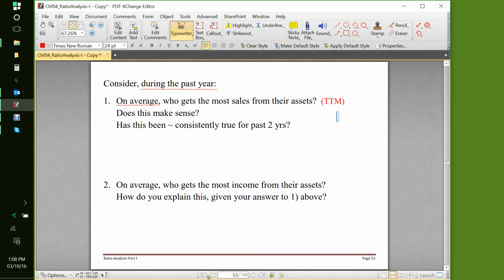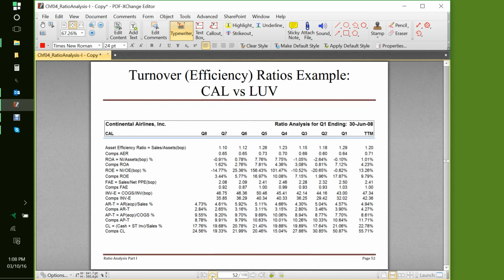So who gets the most sales from their assets? Which ratio do we want? I don't know, I just learned all these ratios. So what we want to do is look at the ratio that has assets and sales in it, and we find that happily right at the top. That's our asset efficiency ratio.